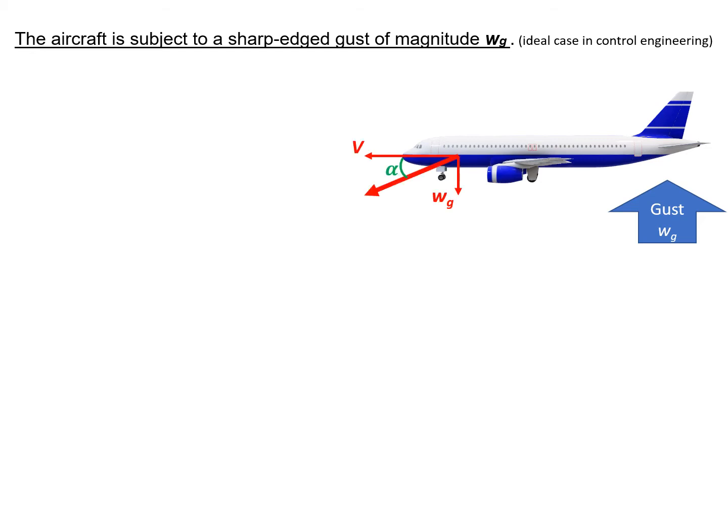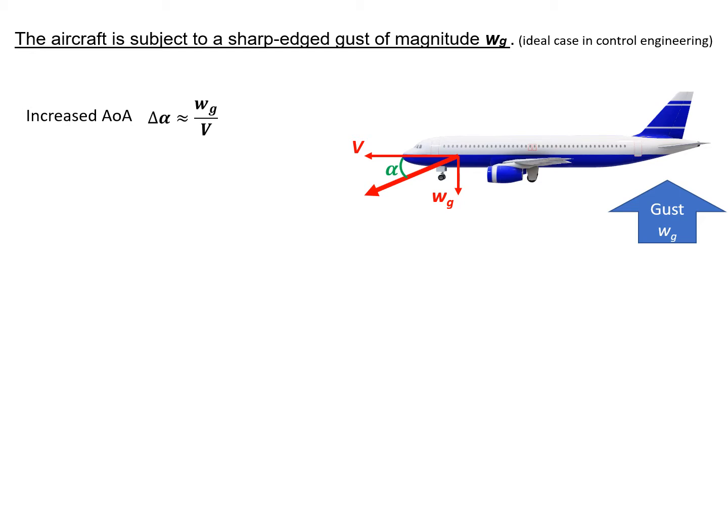Okay, so the aircraft is flying at a speed of V, and because there's a gust, relatively the aircraft has a disturbance velocity Wg downward, and there is an induced angle of attack alpha. Since a small angle of attack is produced, there will be a lift change.